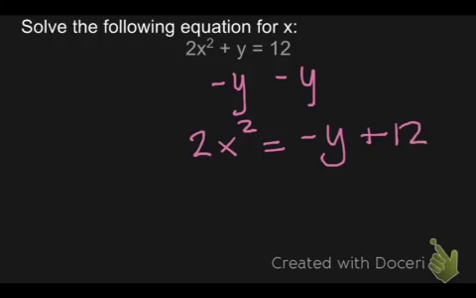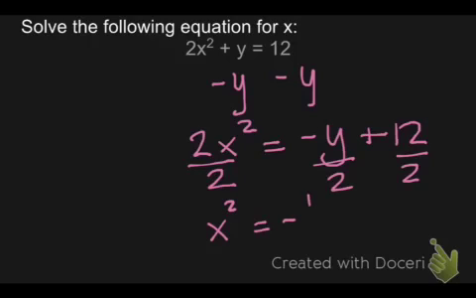I need to get x squared alone before I can get x by itself, so I'll have to get rid of times 2. So I'm going to divide both sides by 2. Now, anything that you can simplify, go ahead and do so. So I'm going to rewrite this first term as negative 1/2 y. And then I know 12 divided by 2 is 6, so I am going to put plus 6.